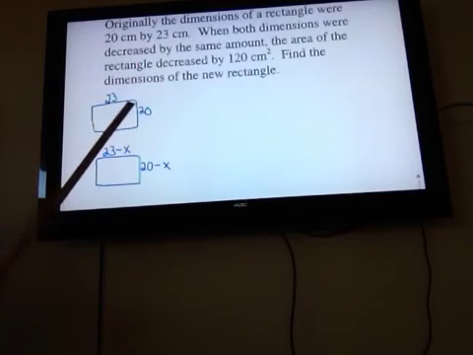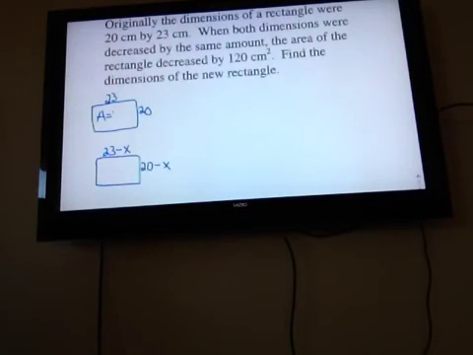You know the exact dimensions here, so you can find the area of this one. 23 times 20 means this has an area of 460. And the new one is decreased by 120. So take 120 from 460 and you get 340.